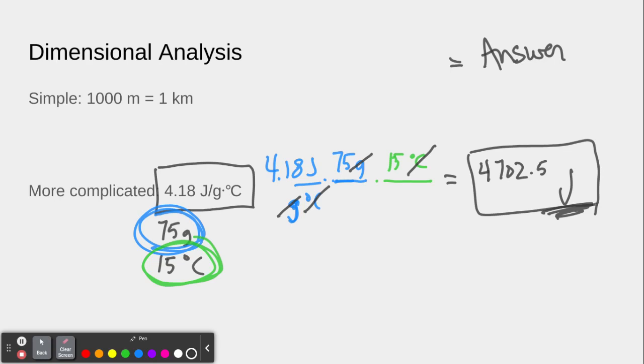It's the process. You have to learn the process because when I throw concepts at you, like a mole of molecules or heat capacity that we don't understand yet, the dimensional analysis will actually help you get to an understanding of the concept. Deal?